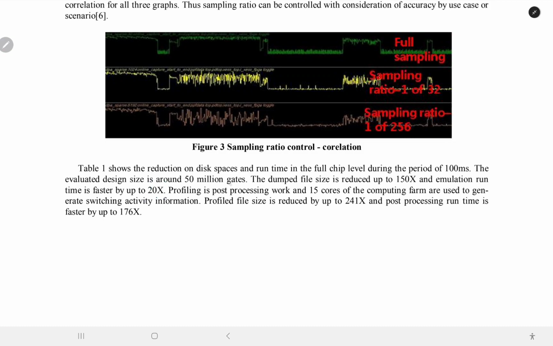Profiling is post-processing work, and 15 cores of the computing farm are used to generate switching activity information. Profiled file size is reduced by up to 241 times, and post-processing runtime is faster by up to 176 times.